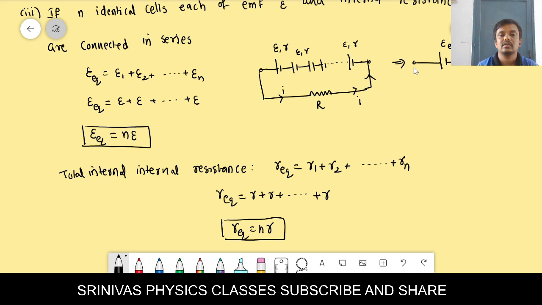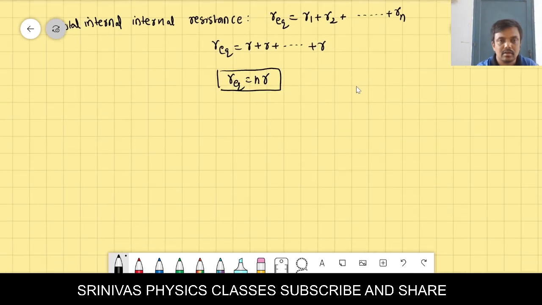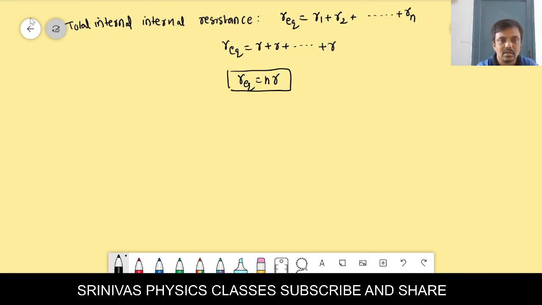Can anyone tell? I want the current formula in this circuit. Yesterday I said the current formula is effective EMF by effective resistance. We derived the current formula.